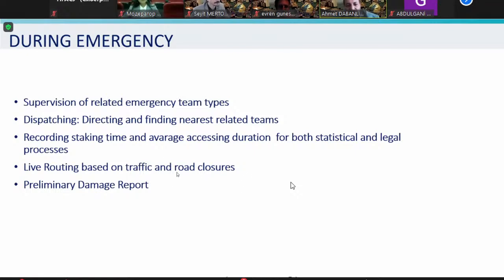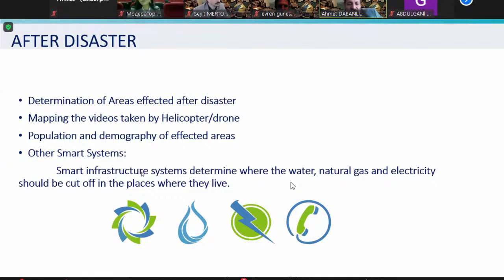For traffic and road closures, live routing is given by the online traffic system, and also a preliminary damage report within half an hour. The preliminary damage report is created by the system. After the disaster, which areas are affected is determined. Police, gendarme, and military helicopters go to the disaster area and take videos, so they are mapped automatically, and which area and which buildings are damaged can be easily detected.